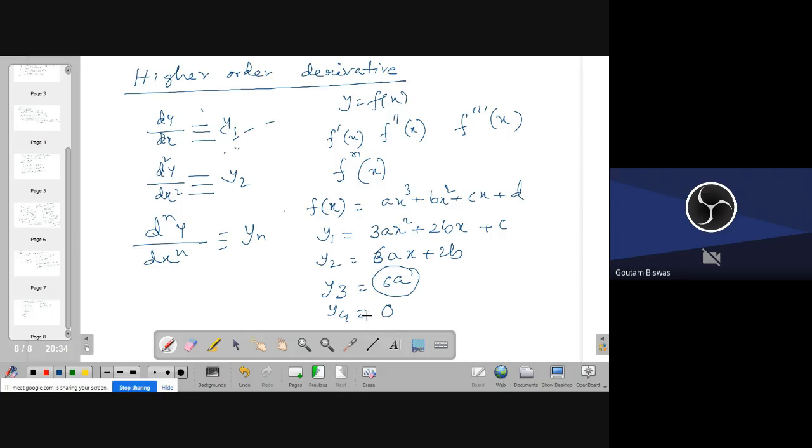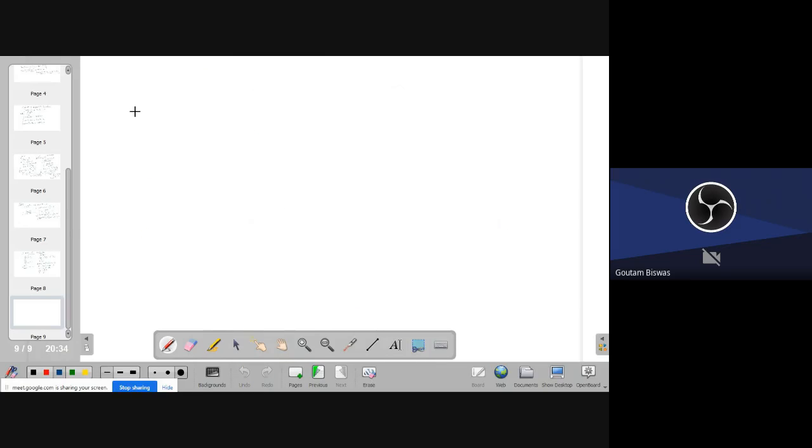We have some formulas to find the derivative of our known functions. What are these known functions? The most familiar function is x to the power m, where m is some integer, or may have some real value.